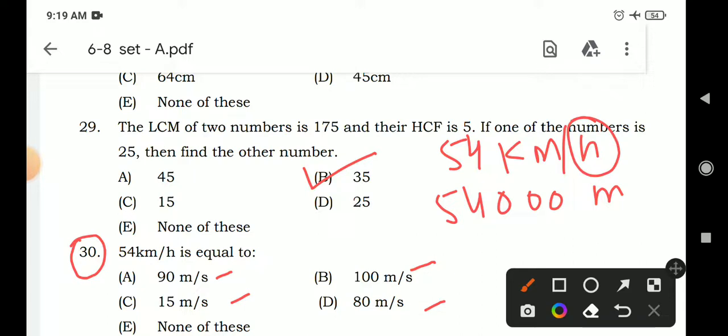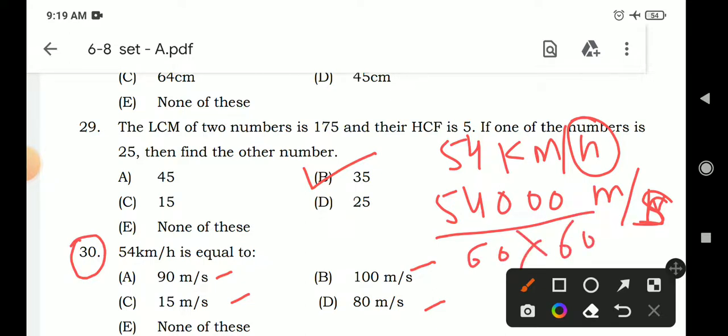Now convert the hour into seconds. 1 hour is equal to 60 minutes and 1 minute is equal to 60 seconds. So you will divide it by 60 into 60. 0 and 0 cancel.